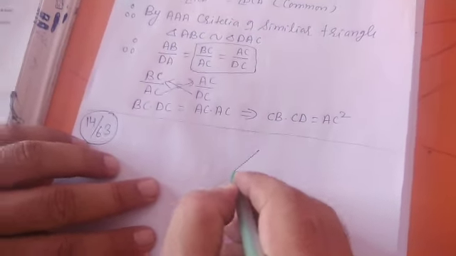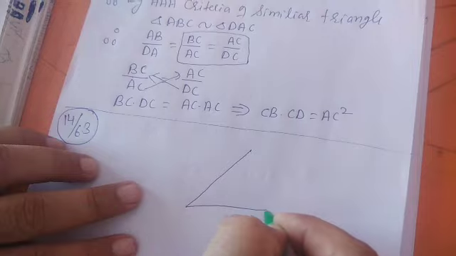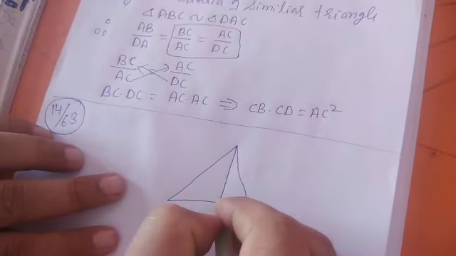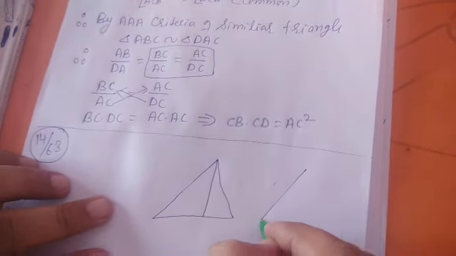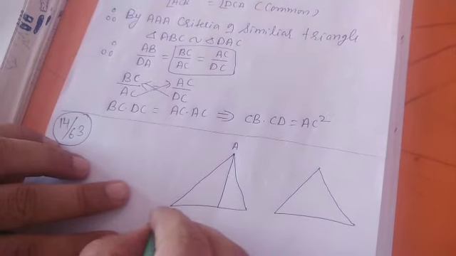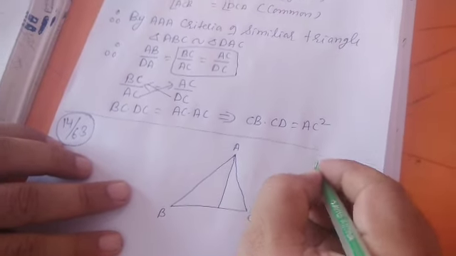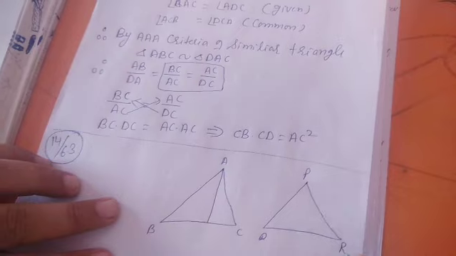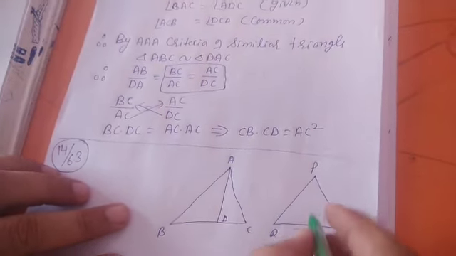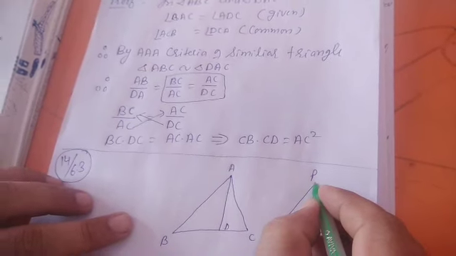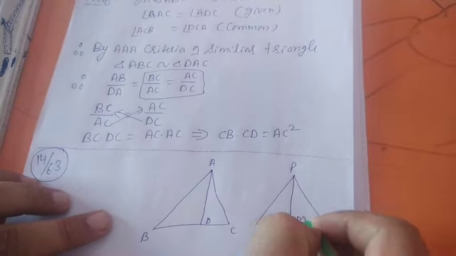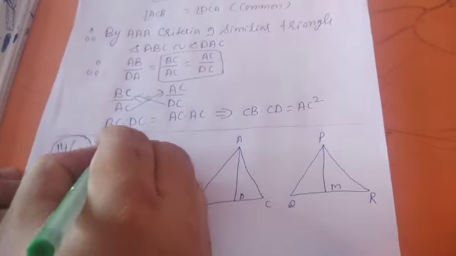This is a triangle. This is a median. And another triangle is P, Q, R. The name of this point is D, and this is P, M. First you can write given.